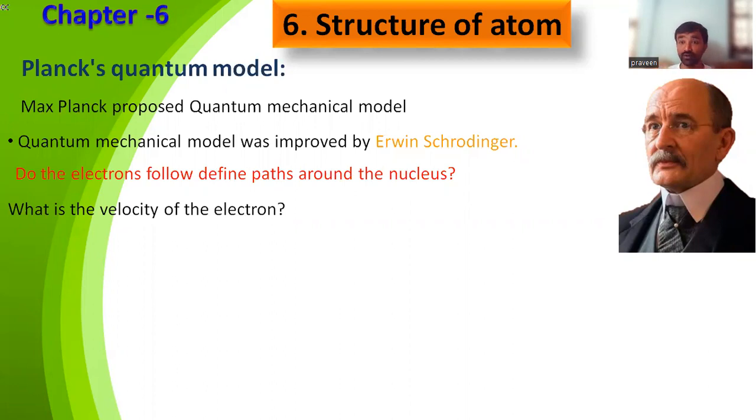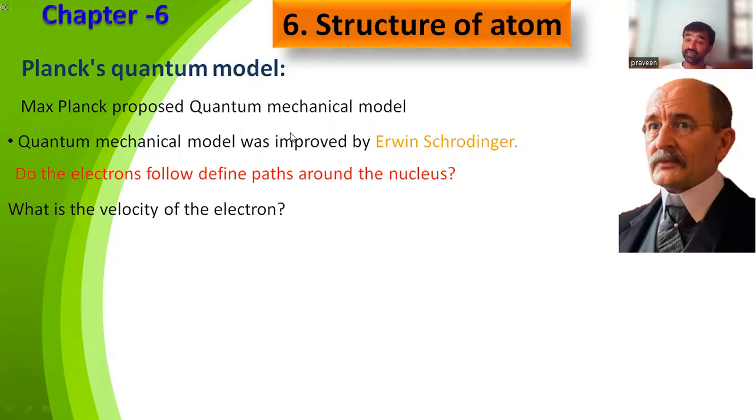Is it possible? So your assumption is correct: electrons follow definite paths around the nucleus, right? Under these circumstances, in order to understand the properties of electrons in an atom, the quantum mechanical model of an atom was developed and further improved, right?